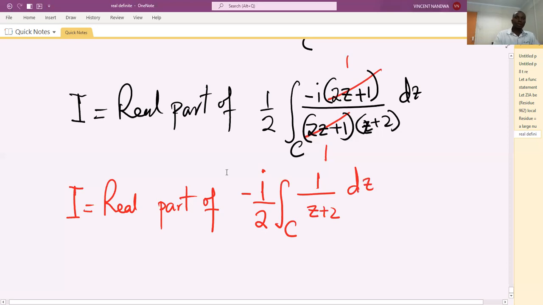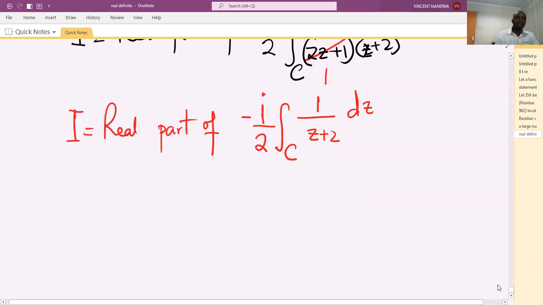And actually the pole is z plus 2 equals 0, i.e. z equals minus 2.